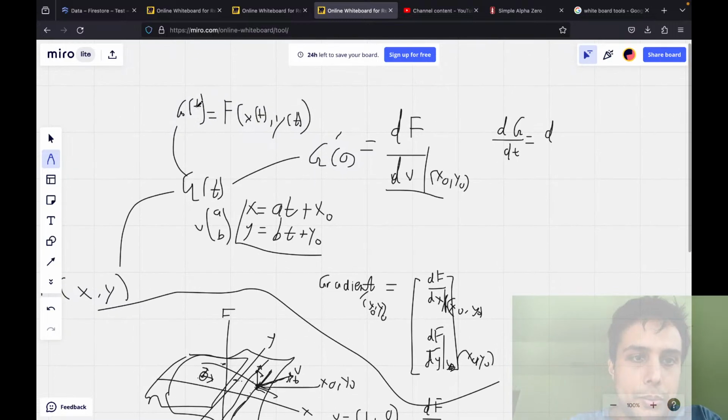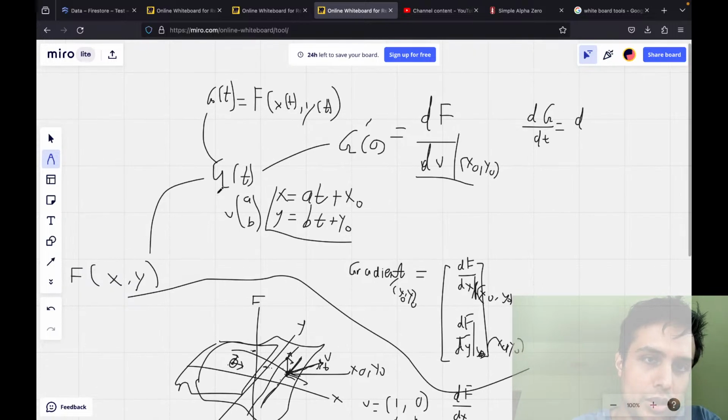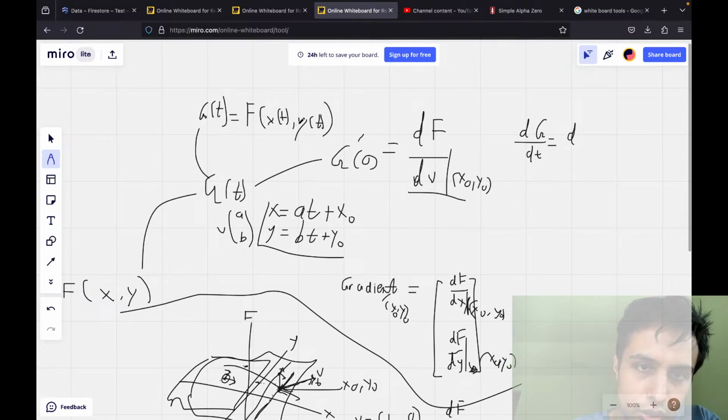So anyways, rather than f being just x and y, we want to write f as a function of t. Now we can't use f because the name f is taken, so a, b, c, d, e, f, g. We introduce g of t as f of x of t, y of t. The partial df dx is a single change in x that holds y constant, so we only change in this direction.